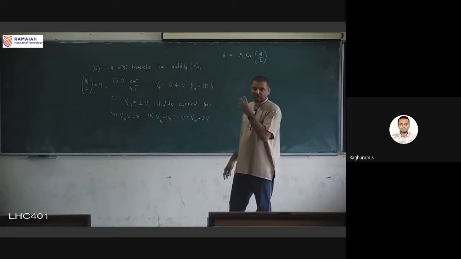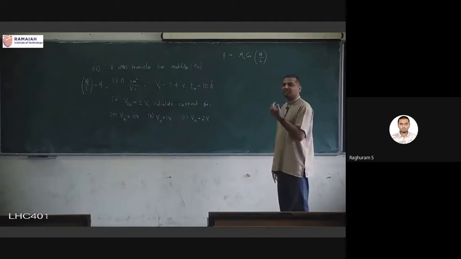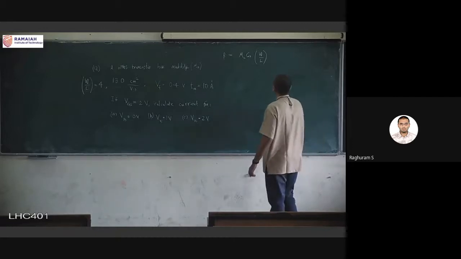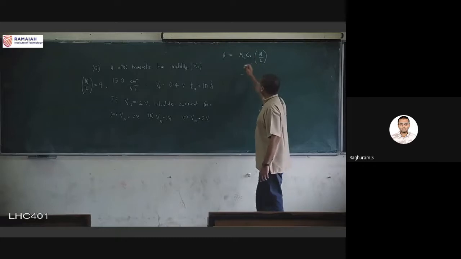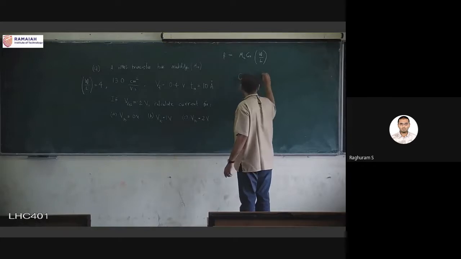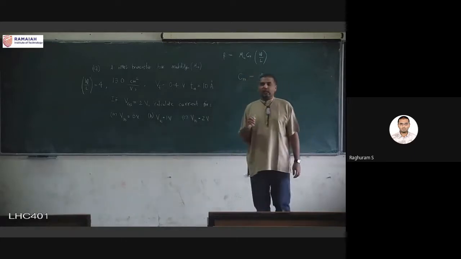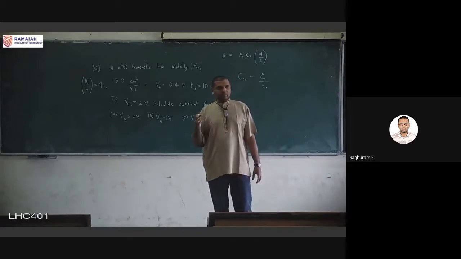So if I can calculate this once, I can reuse it again and again for the transistor. So first we will calculate this value. It is equal to, first we will calculate C oxide, because that is itself not given. One thing to remember, we have an equation for capacitance which is A epsilon naught by D.